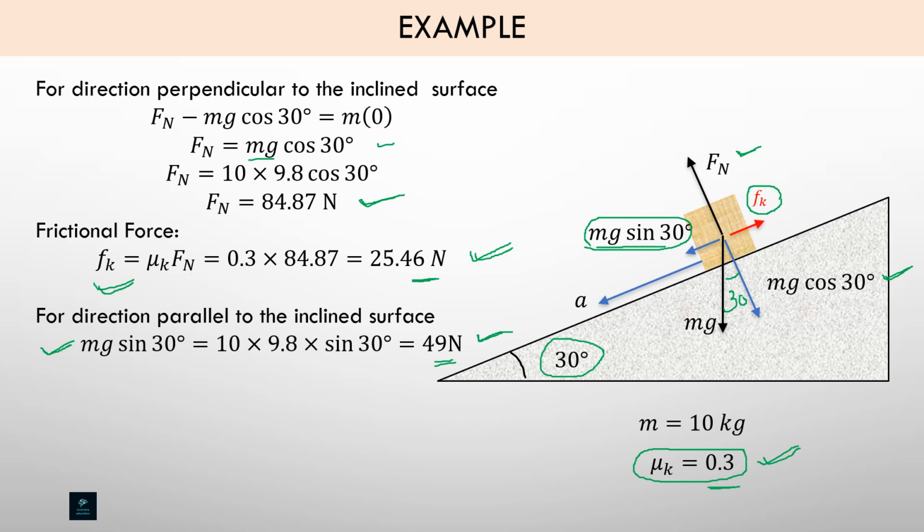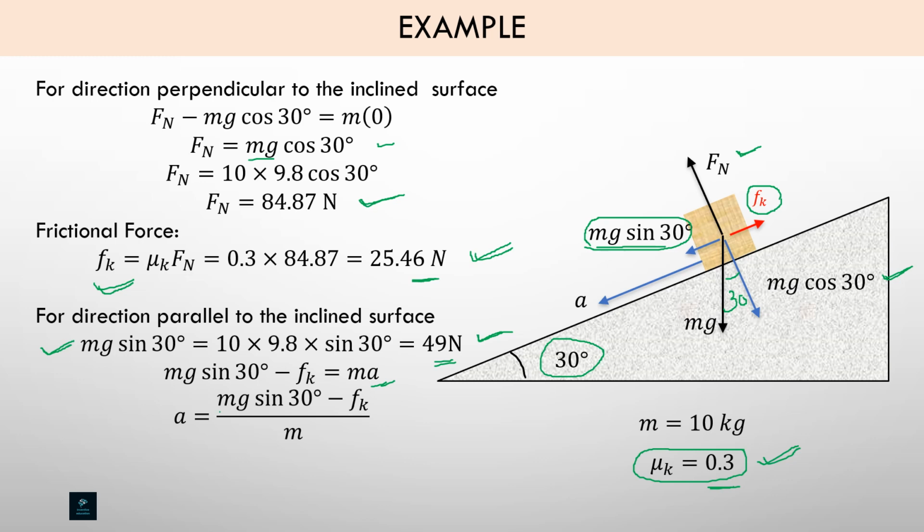So now, taking the net force in this direction and equating it to mass times acceleration, we obtain mg sin 30 minus Fk equals ma. From this we obtain a as mg sin 30 minus Fk divided by m.